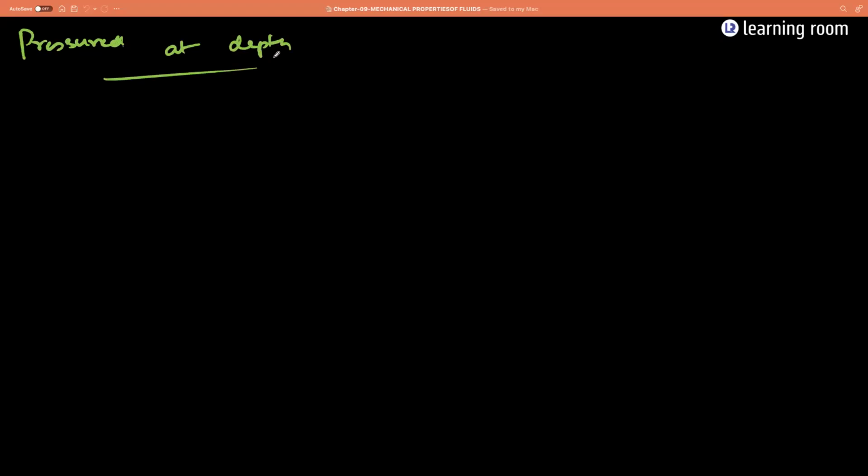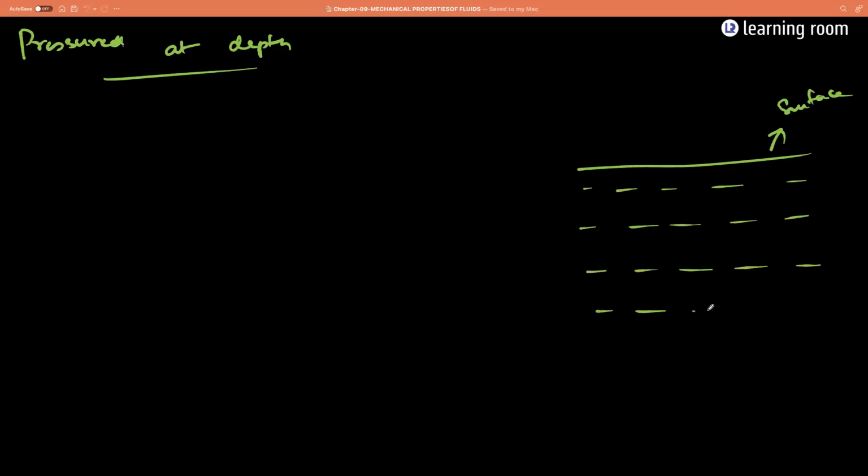If I take the surface, if I call this the surface of the liquid, and there is liquid below. Here there are two words that we can use: altitude and depth. Whenever you use the word altitude, it's always measured from the bottom towards the top. When you say depth from the top, it is measured towards the bottom.